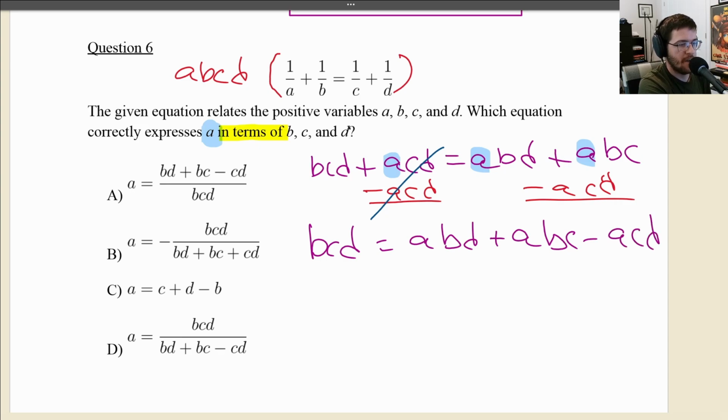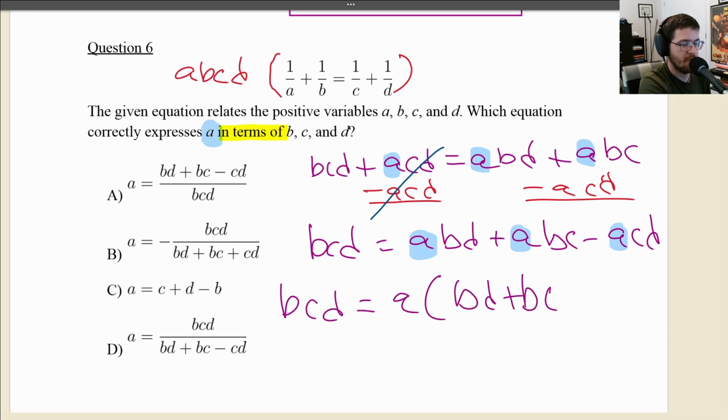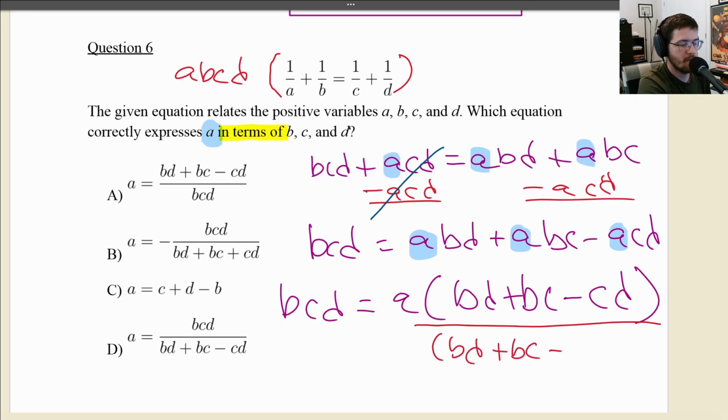And now they all have a common factor of A, and we can factor that out. So BCD equals A times the quantity BD plus BC minus CD. And now we're in the home stretch. The A is getting multiplied by this big mess, so we're just going to divide by that big mess on both sides, BD plus BC minus CD.